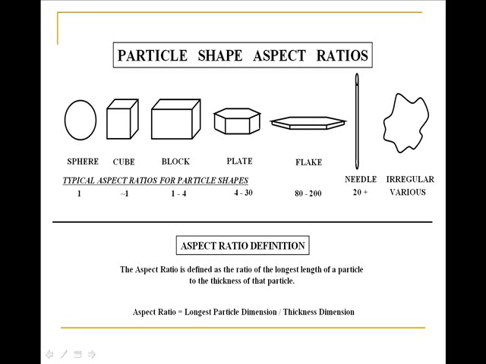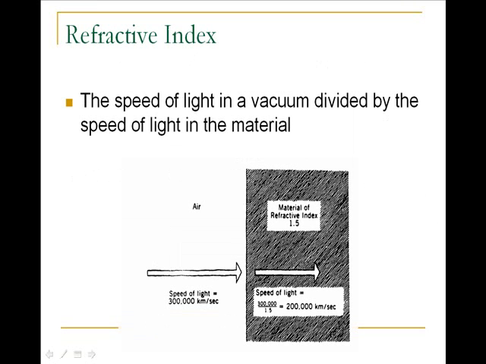Another physical property that is important with pigments is the refractive index. The refractive index is defined as the speed of light in a vacuum, or in our case in air, divided by the speed of light in the material. If you look at this example here, the speed of light in air is 300,000 kilometers per second, and the speed of light in this particular plastic is 200,000 kilometers per second.